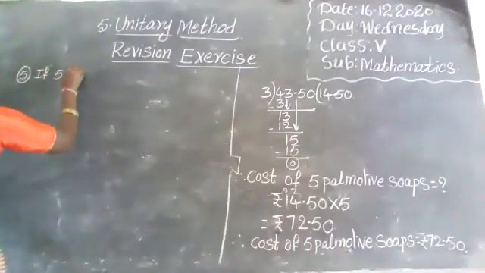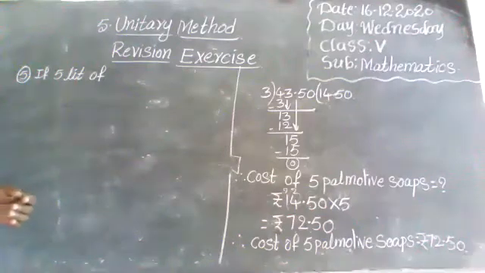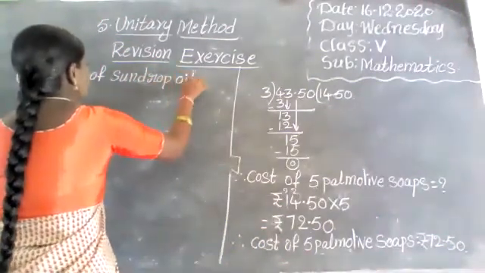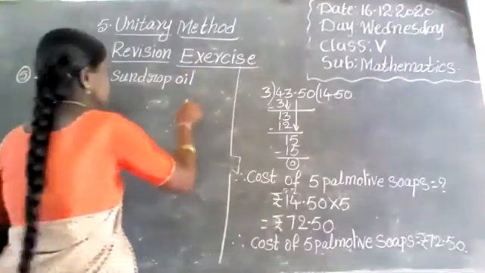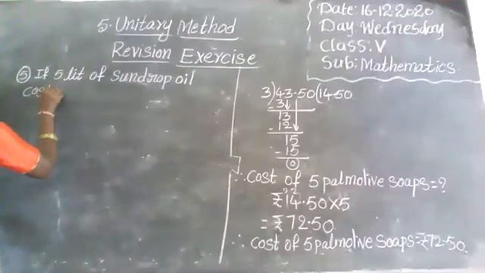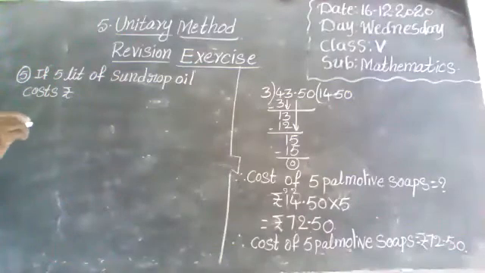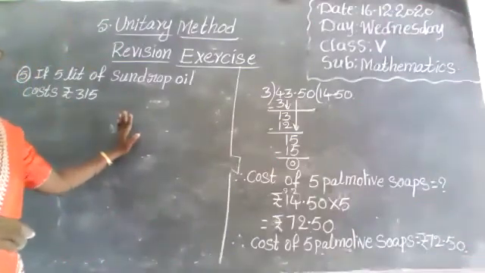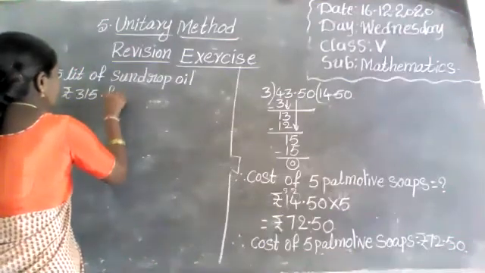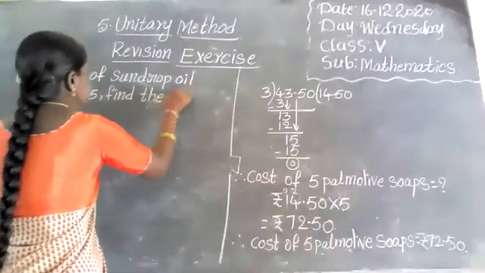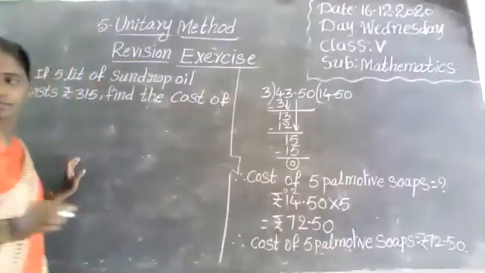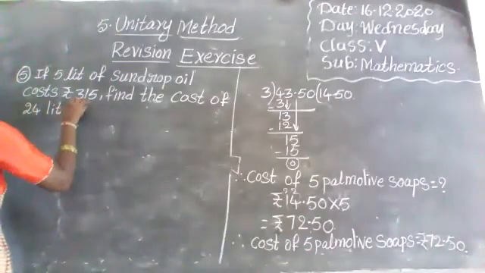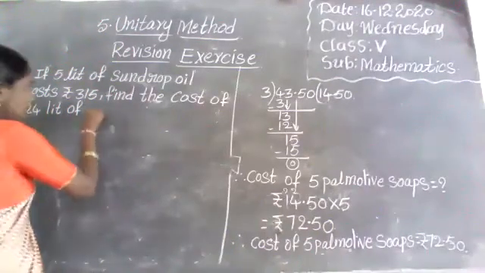If 5 liters of Sundrop oil cost rupees 315, find the cost of 24 liters of the oil.